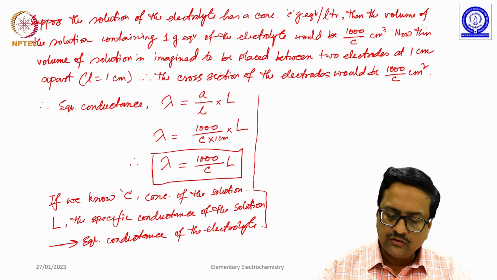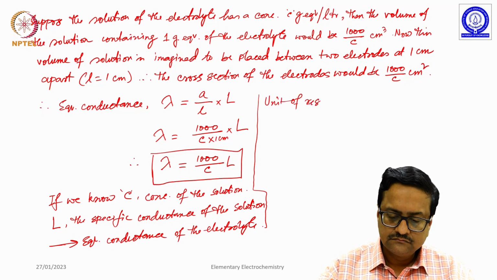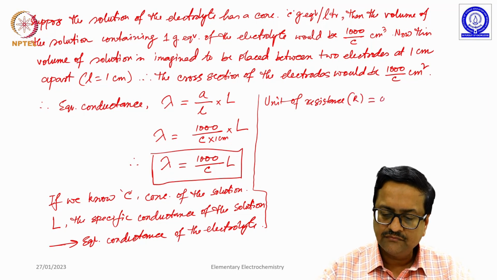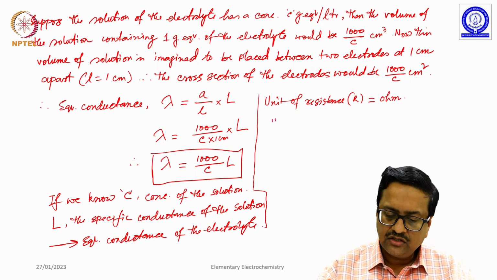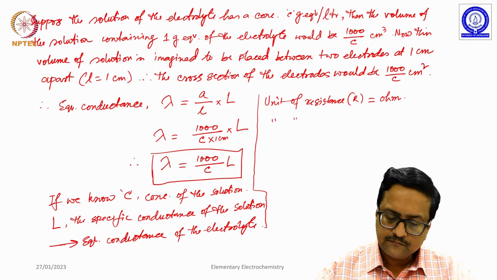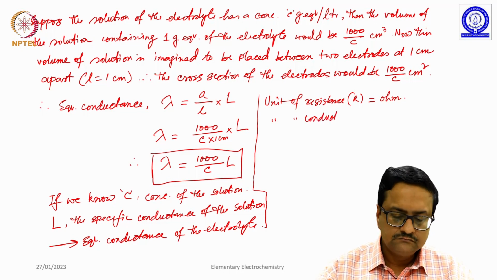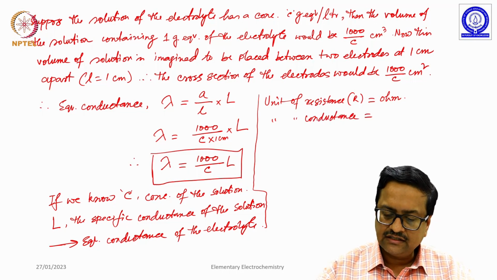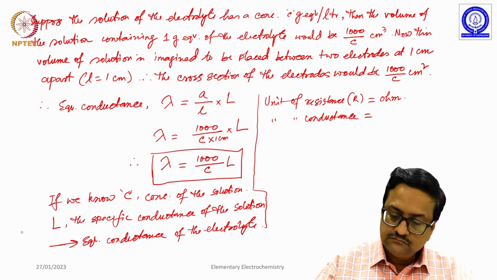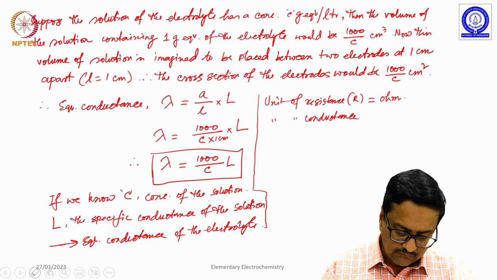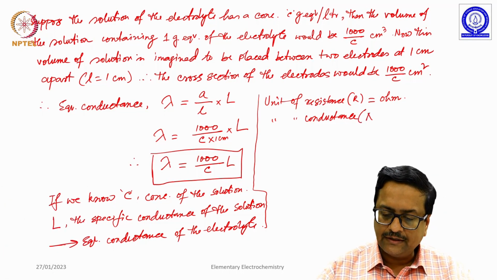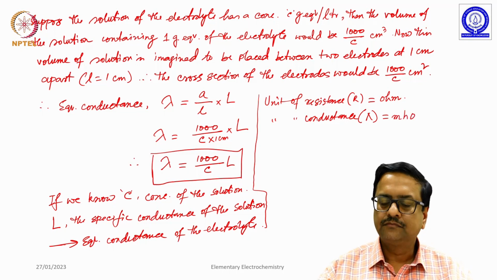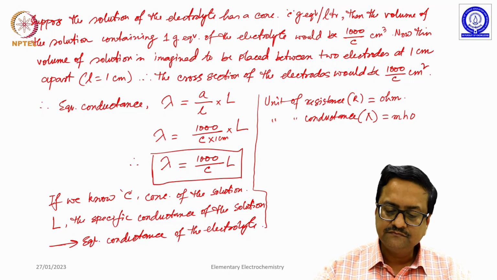Now, we know that the unit of resistance R is ohm. So, the unit of conductance, capital lambda, is mho, just the opposite of ohm.